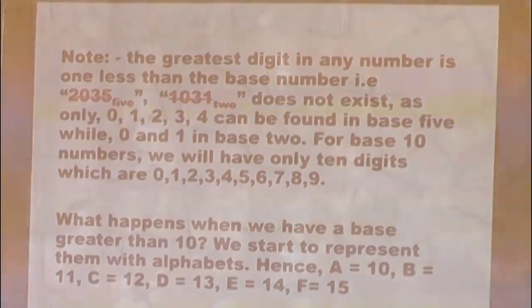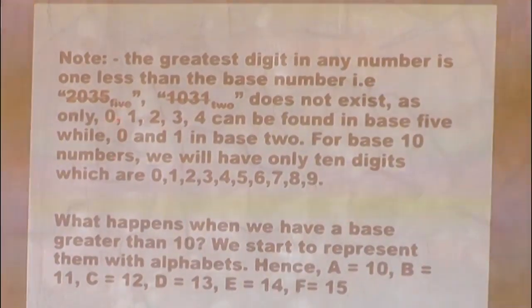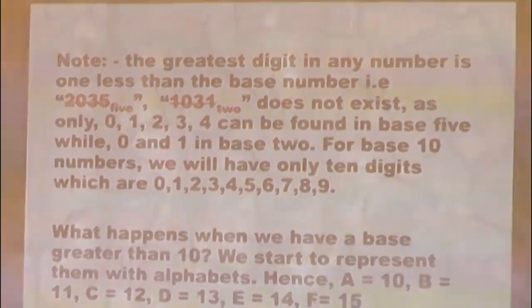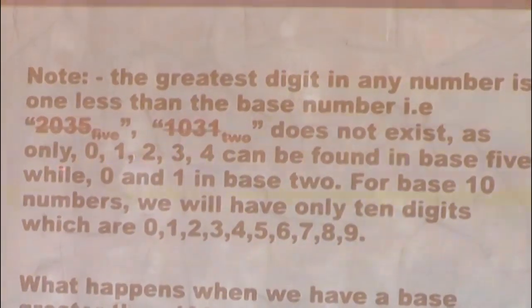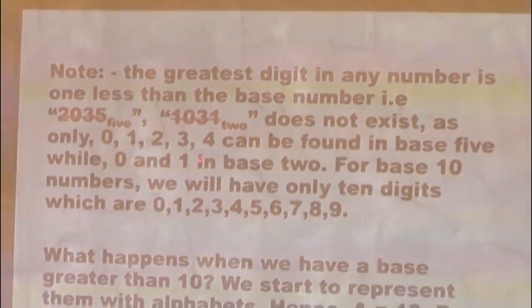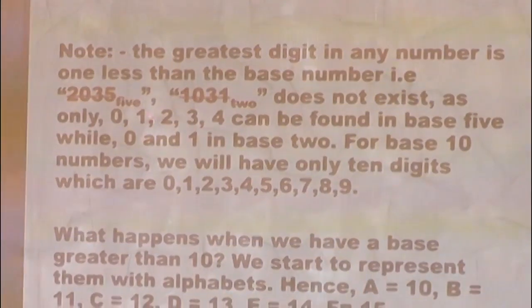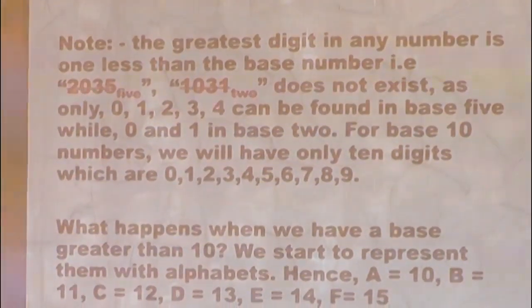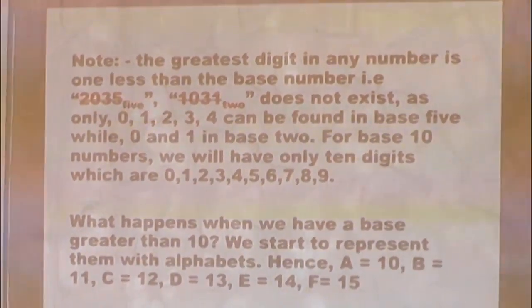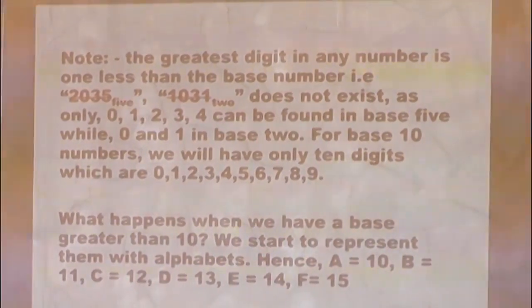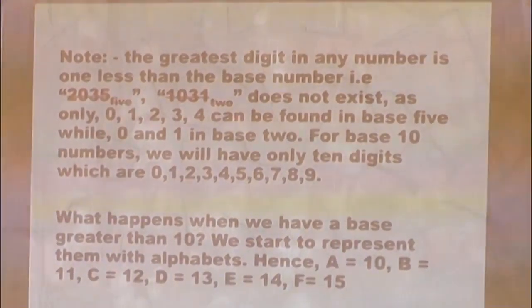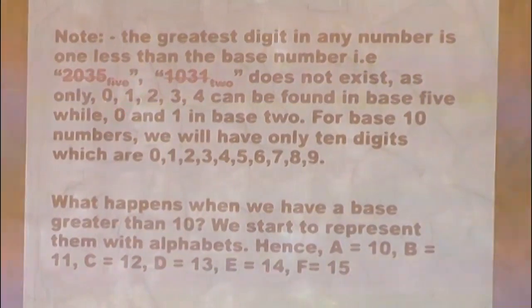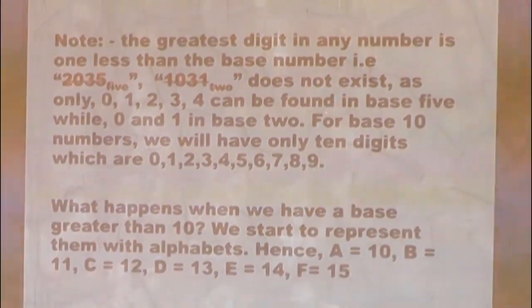So if I have 0, 1, 2, 3, 4, the greatest digit I have there is 4. The number of digits, including 0, has already given me 5 digits.